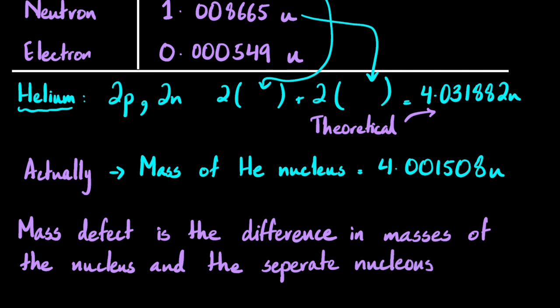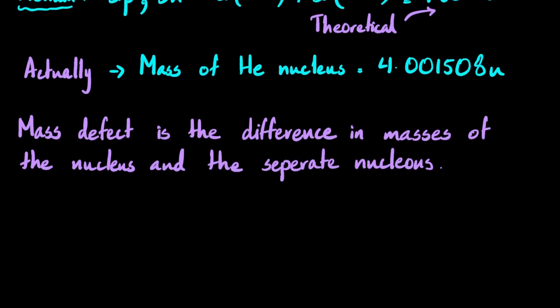Right, so it's the difference in mass of all the particles together and the actual mass of the nucleus. Let's do an example to further get a hang of this.